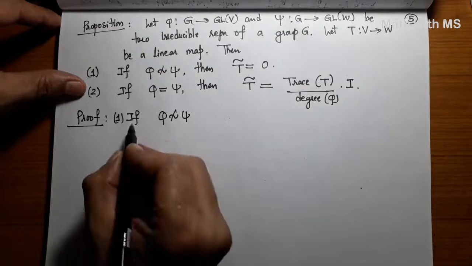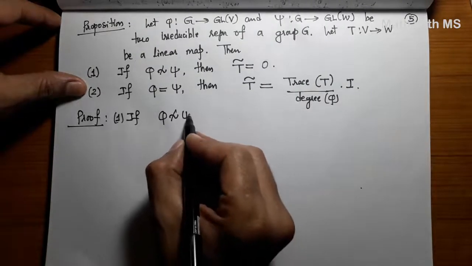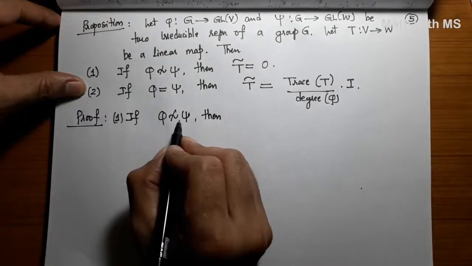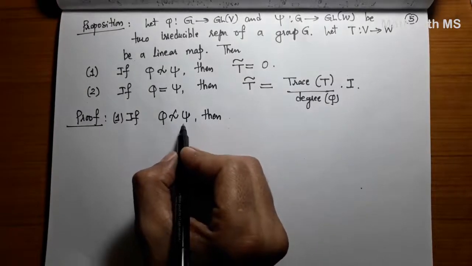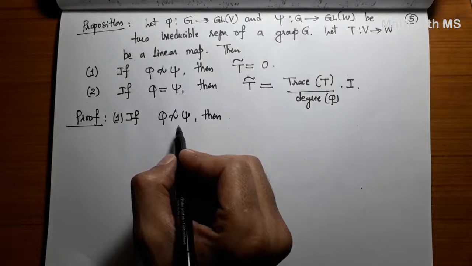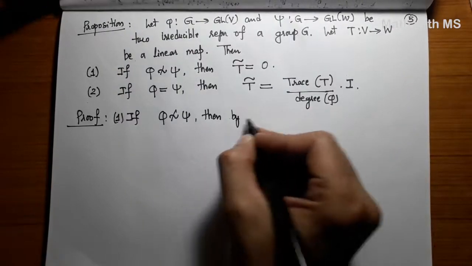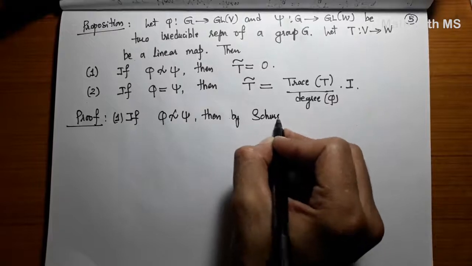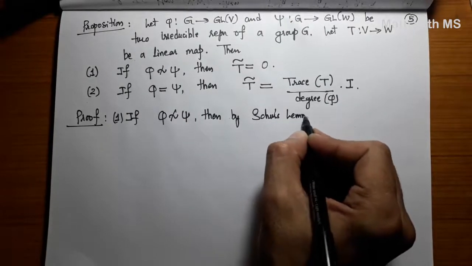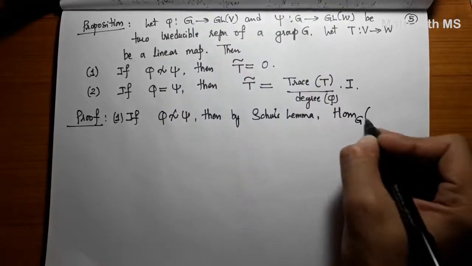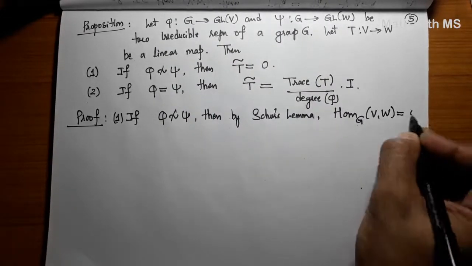Alright, proof. So if phi is not equal to psi, then what happens? If phi is not equal to psi and phi and psi are irreducible representations, then by Schur's lemma, what do we get? We see that Hom_G(V,W) is actually a trivial space.